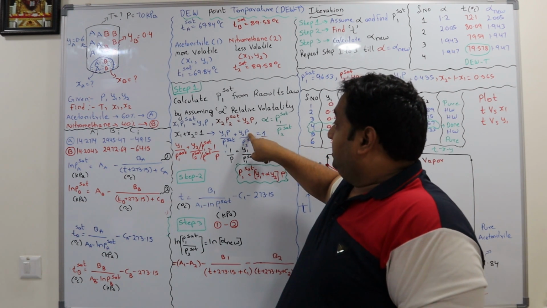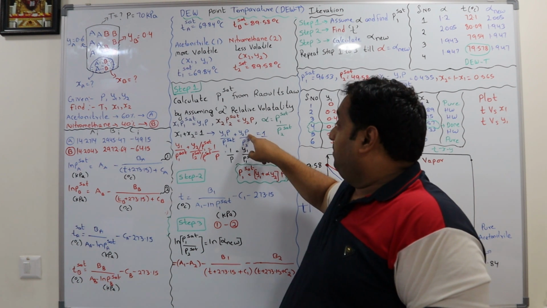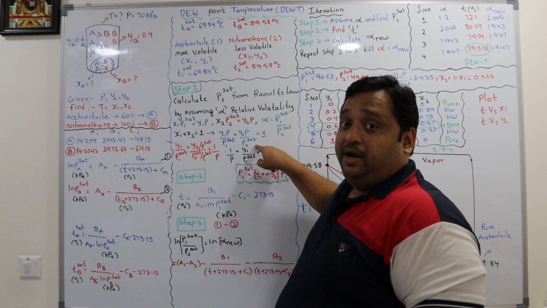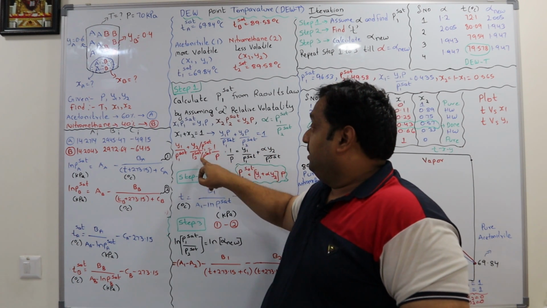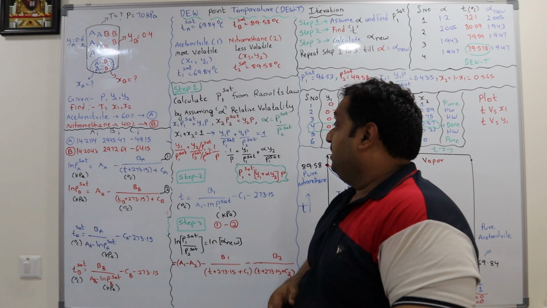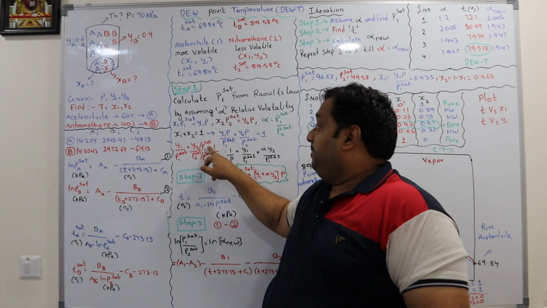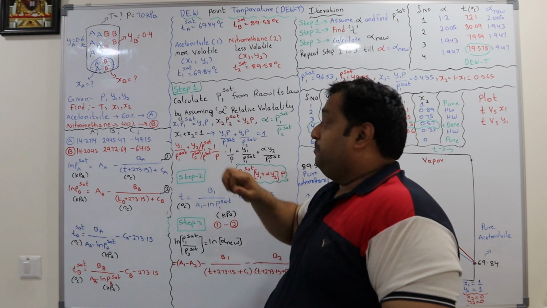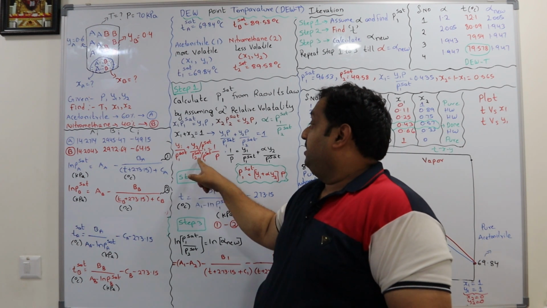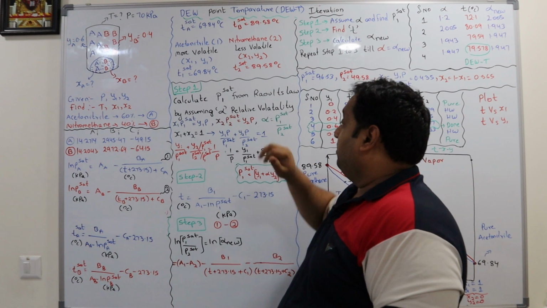Let us divide the second term, y2 into P by P2 sat, in numerator and denominator by P1 sat. Then we get y1 by P1 sat plus y2 by P1 sat times P2 sat by P1 sat, which is equal to 1 by P. You know P1 sat by P2 sat is nothing but alpha.